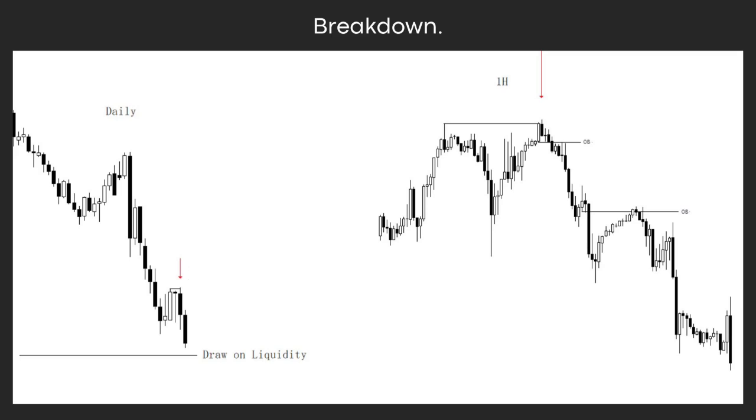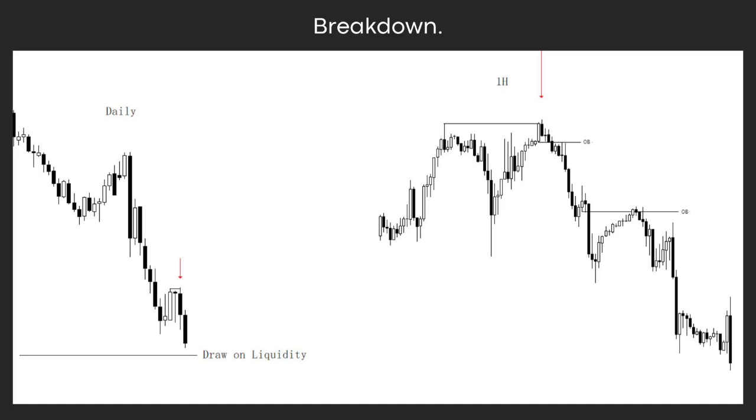In this particular case we would have used that candle range to frame our entry on the lower time frame. Right here you can see on the lower time frame that as soon as we purged that daily candle range, we then closed below the candle that actually purged the candle range, which essentially led to an order block being formed.